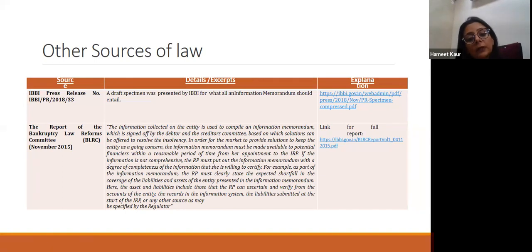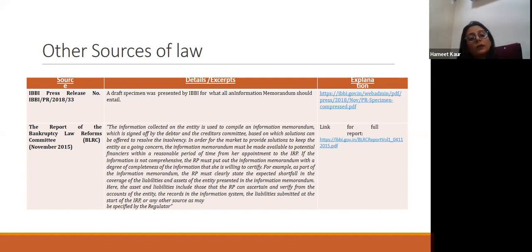Here, the assets and liabilities include those that the RP can ascertain and verify from the accounts of the entity, their records in the information system, the liabilities submitted at the start of the insolvency resolution process, or any other source as may be specified by the regulator. The regulator has not yet specified the sources, but we already have a list made by practice.